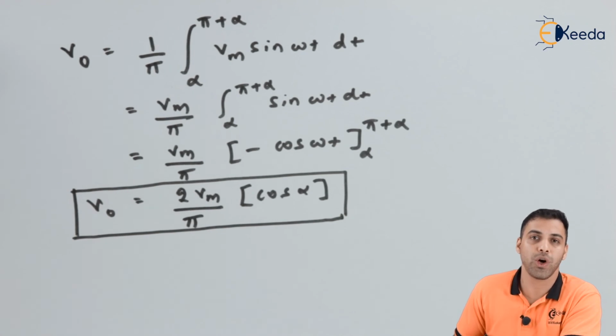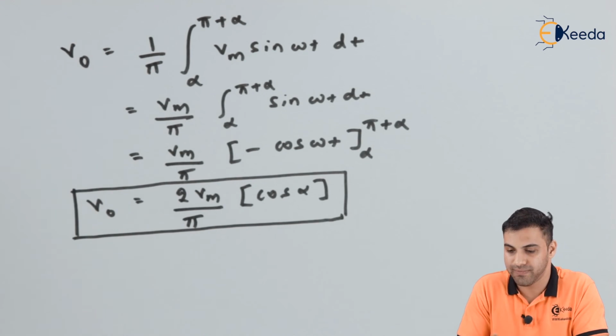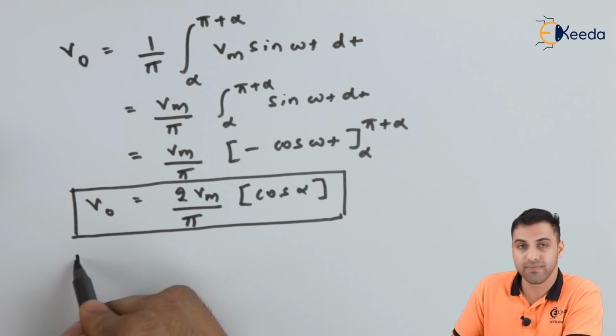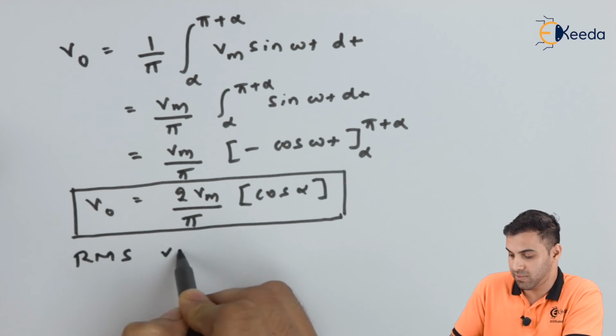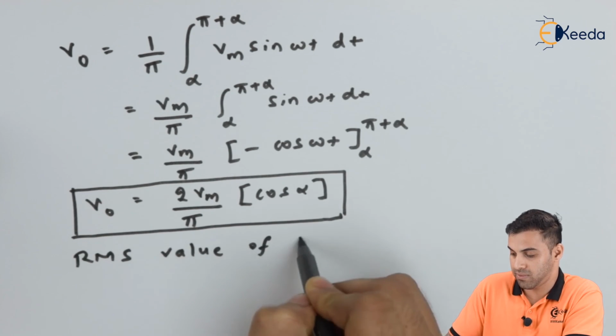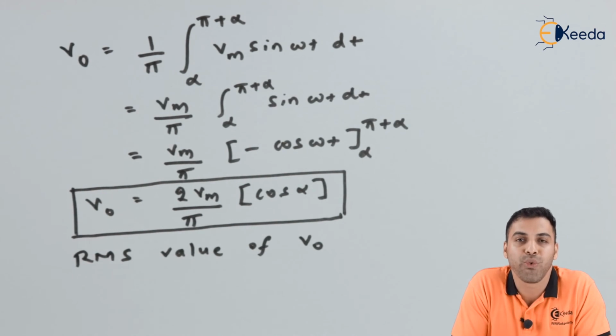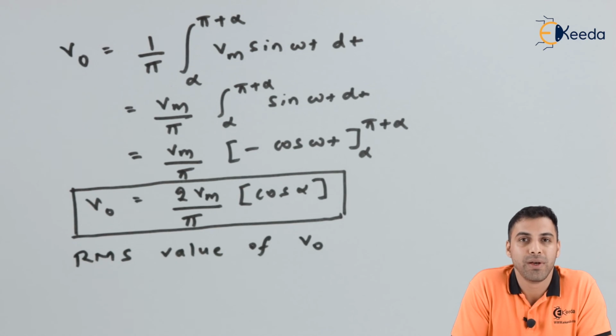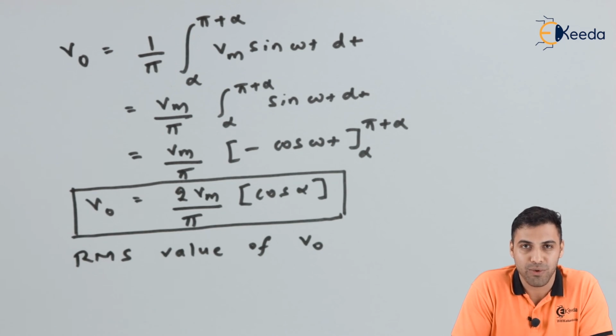Now friends, let's talk about one more parameter: the root mean square value of the output voltage. You all know the formula for the root mean square value. We already discussed how to find the root mean square voltage when diodes are connected in place of the thyristor. In the same way, we will calculate the root mean square value of the output voltage.